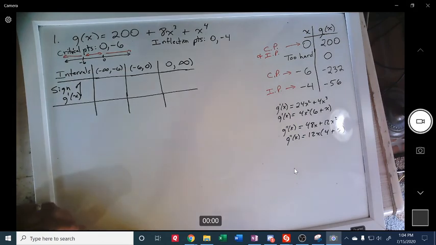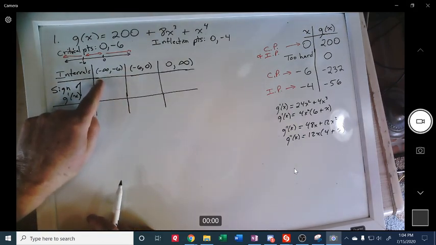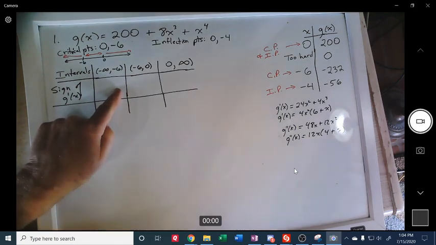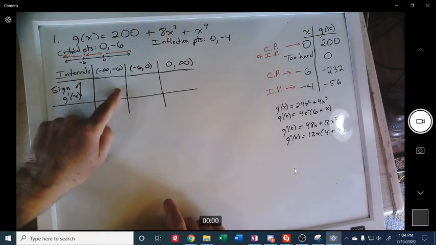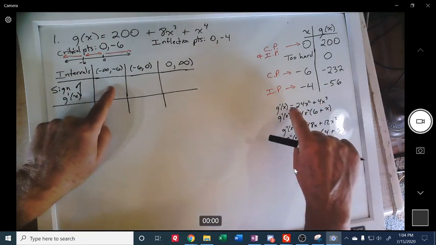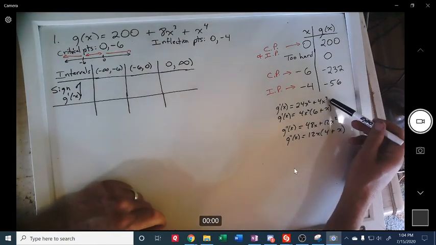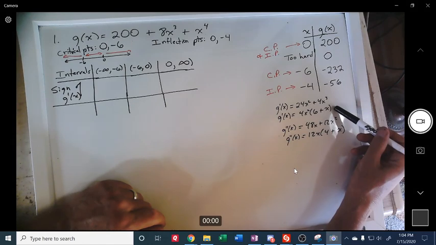All right. So, for any point in the interval from negative infinity to negative 6, like negative 1,000, am I going to get a positive or a negative for g prime? And I can place it into either one of these to figure that out.